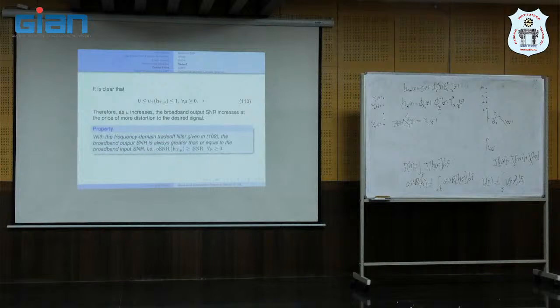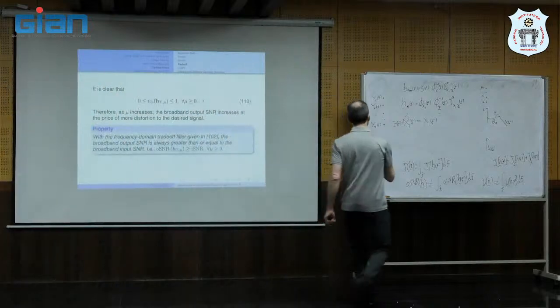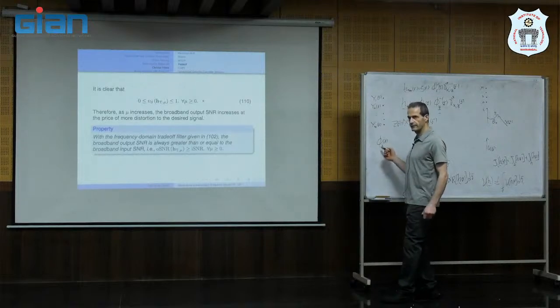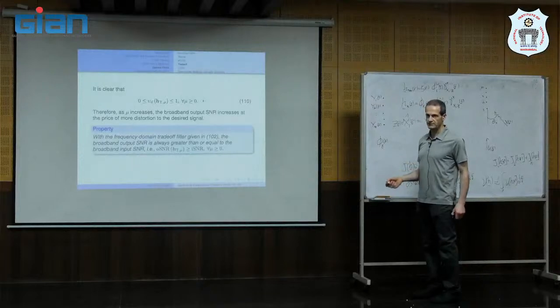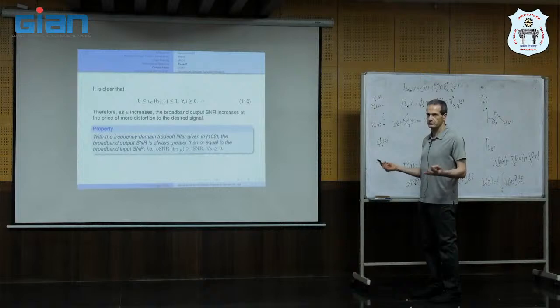So here we have an inequality when mu equals 0, and when the signal subspace, which means that Phi_x(f) is full rank, the rank is M for all frequencies, it means that we cannot reduce noise.